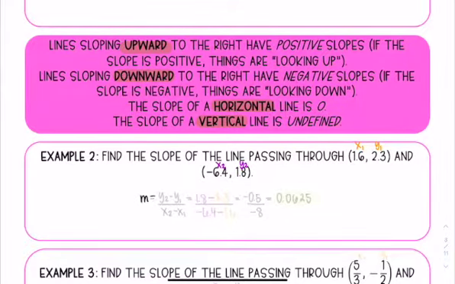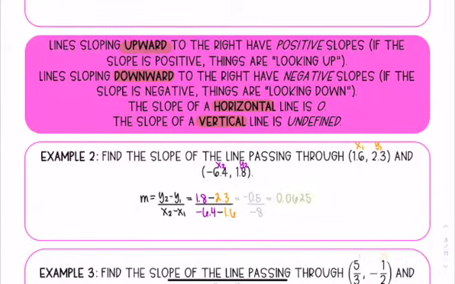And so plugging into our slope formula, y2 minus y1 over x2 minus x1, we have y2, which is 1.8, minus y1, which is 2.3, all over x2, which is -6.4, minus x1, which is 1.6.